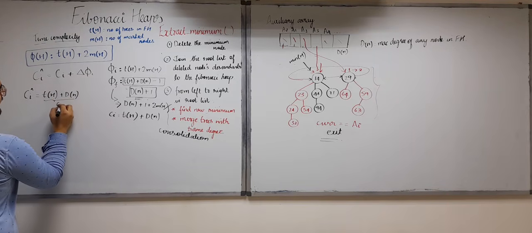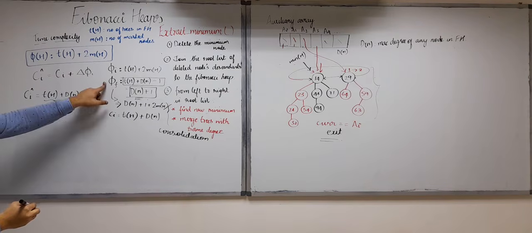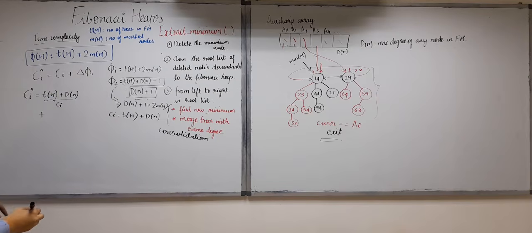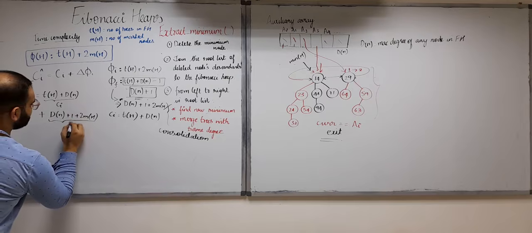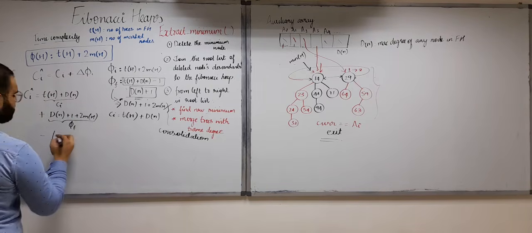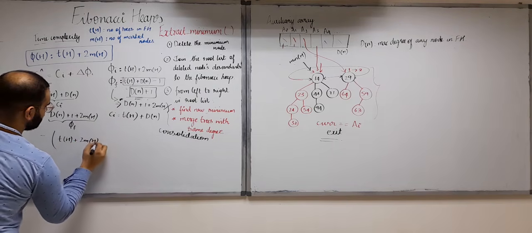So this is my actual cost plus my final potential, because the change in potential is final potential minus initial potential. So my final potential is this, minus, what is my initial potential? t(H) plus 2 times m(H), right?